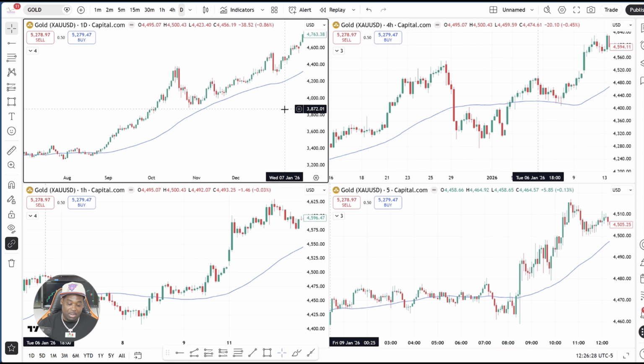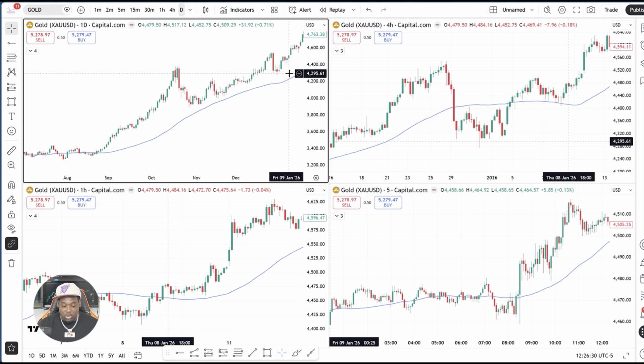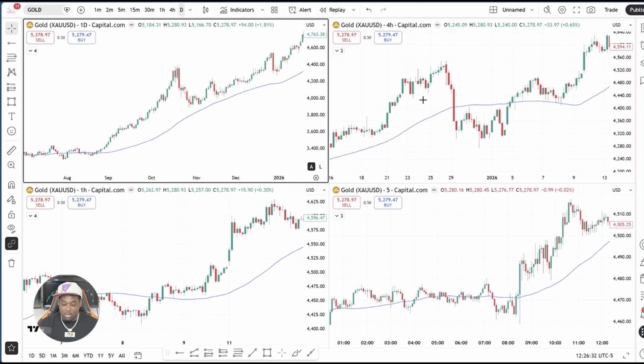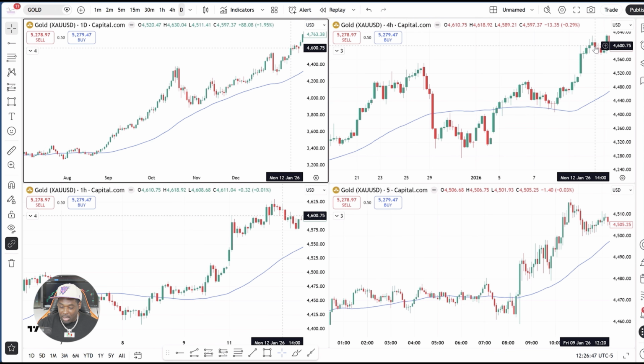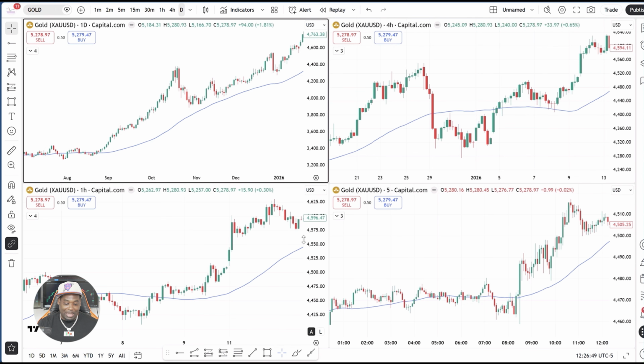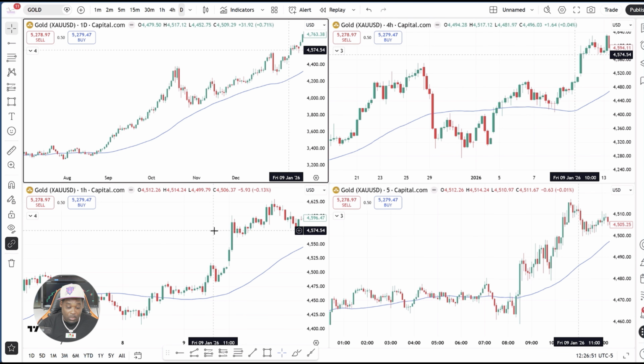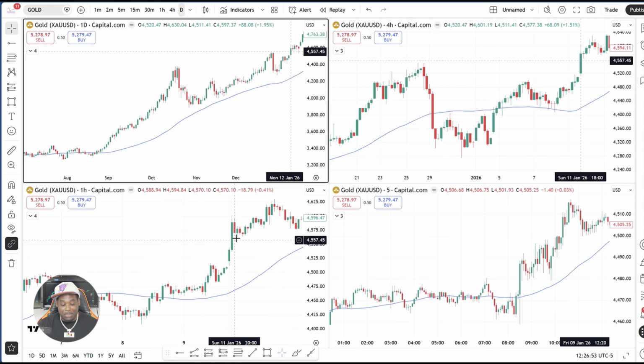This is the 50 moving average. And if the price is above the 50 moving average on the daily chart, okay, we're looking for longs. We go to the 4-hour chart, and you see price is above the 50 moving average. Now we drop down to the 1-hour chart, and again we see price above the 50 moving average.